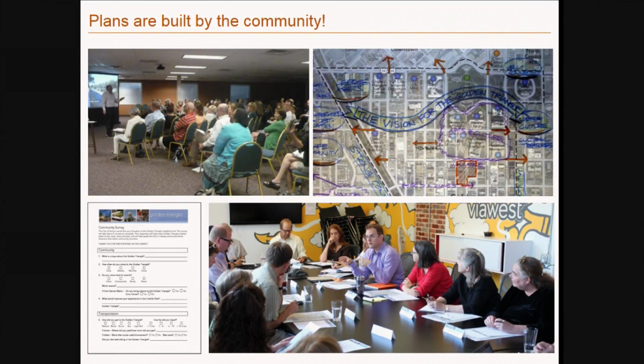The bottom right photo is a steering committee, where the key leaders of the neighborhood come together and talk about all the steps of the process. It's a public meeting on the top left. We roll out maps. We use markers with the community to try to identify those issues and opportunities. We have surveys that we post online and spread throughout the meetings as well to try to get input.